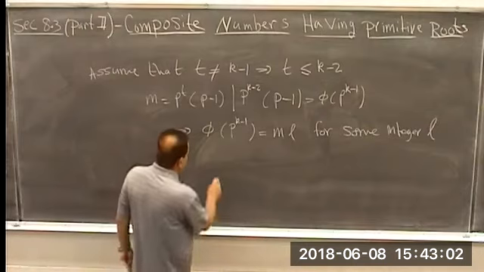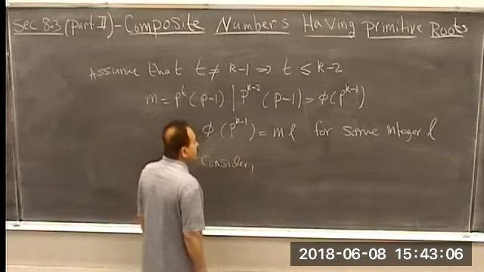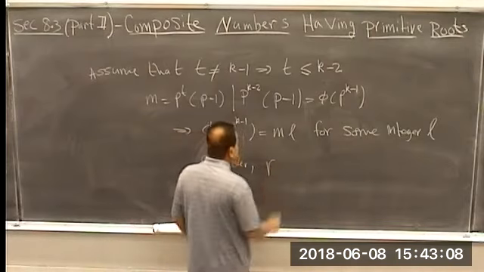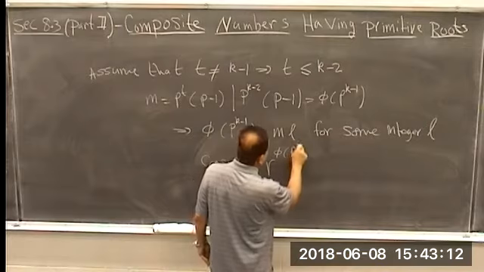Now, consider this: r to the power phi of p^k minus 1.